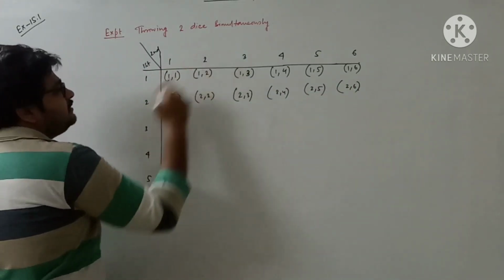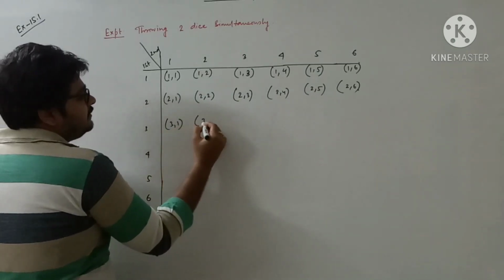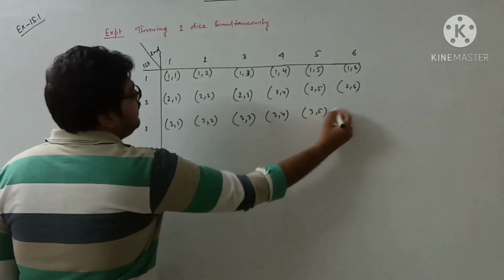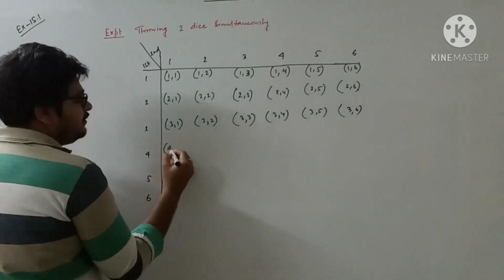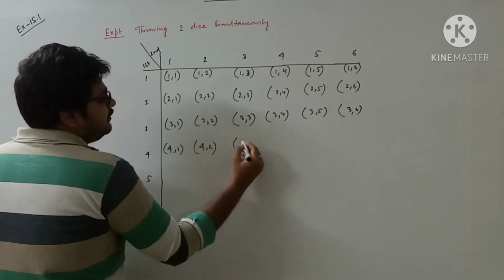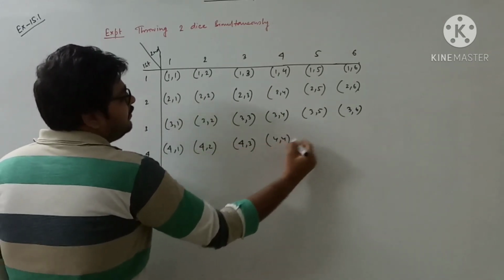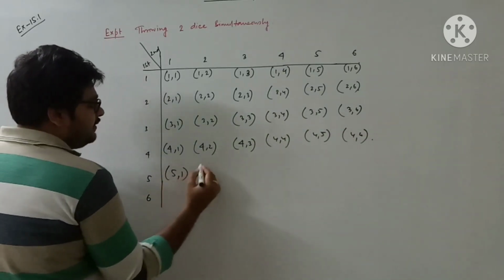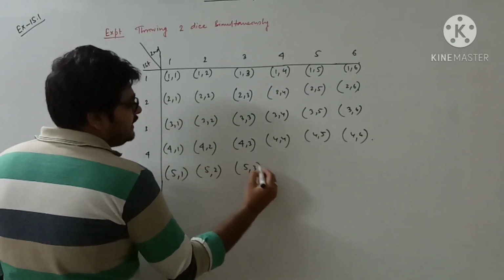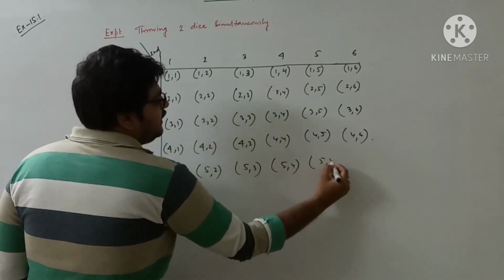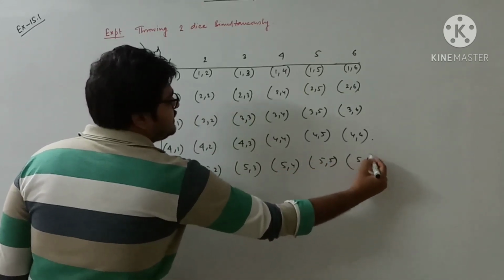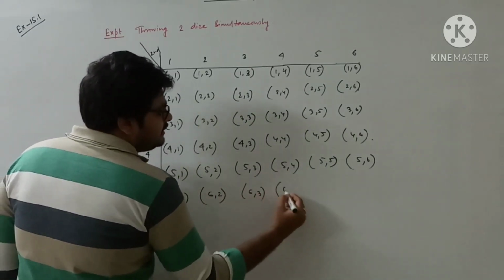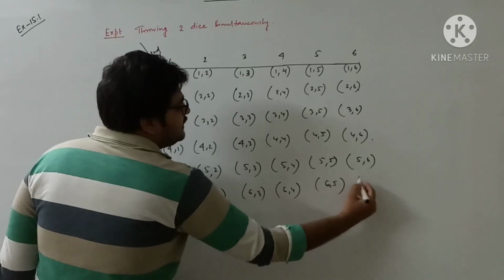Then 3, 1, 3, 2, 3, 3, 3, 4, 3, 5, 3, 6. 4, 1, 4, 2, 4, 3, 4, 4, 4, 5, 4, 6. Then 5, 1, 5, 2, 5, 3, 5, 4, 5, 5, 5, 6. And at last 6, 1, 6, 2, 6, 3, 6, 4, 6, 5, 6, 6.